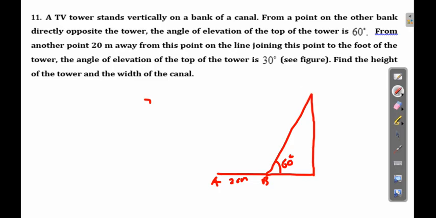The angle of elevation of the top of the tower is 30 degrees. From here the angle of elevation is 30 degrees. Find the height of the tower and the width of the canal. We need to find this height and this width.